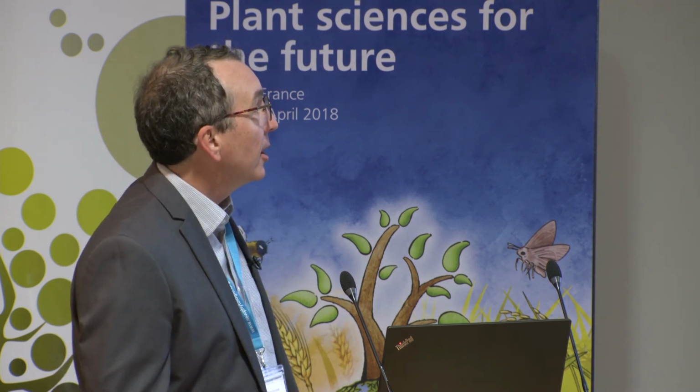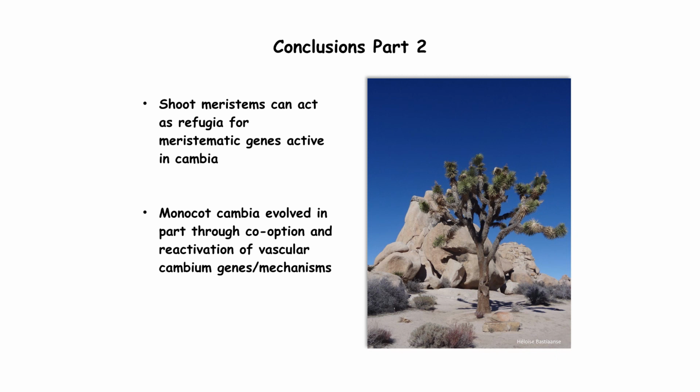So this actually gives us some insights, which are summarized here, which is the fact that those genes are expressed in the shoot meristem likely is the reason that they're maintained through angiosperm evolution.